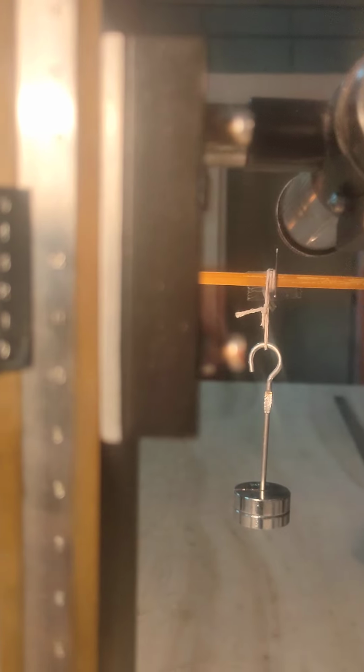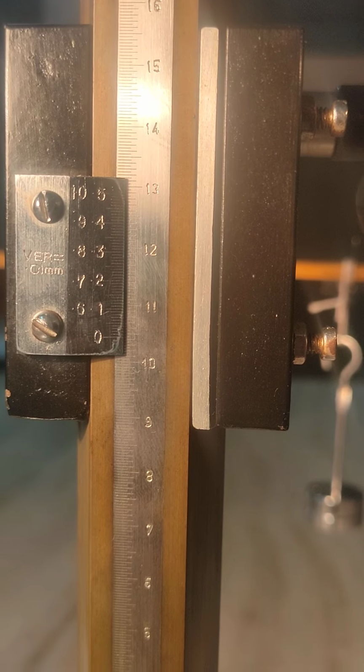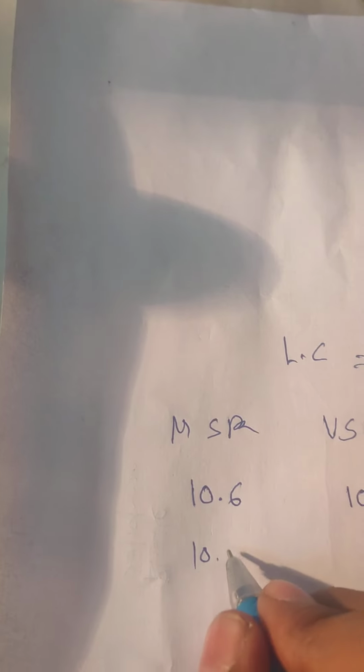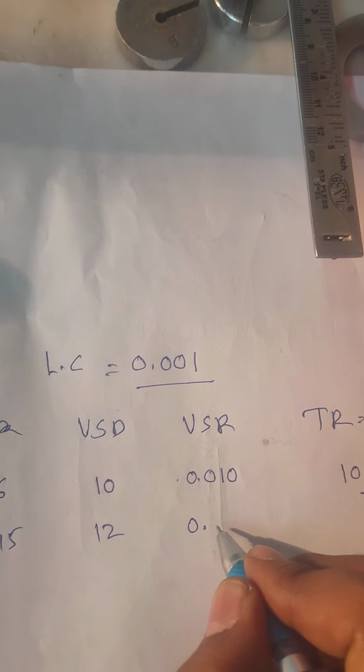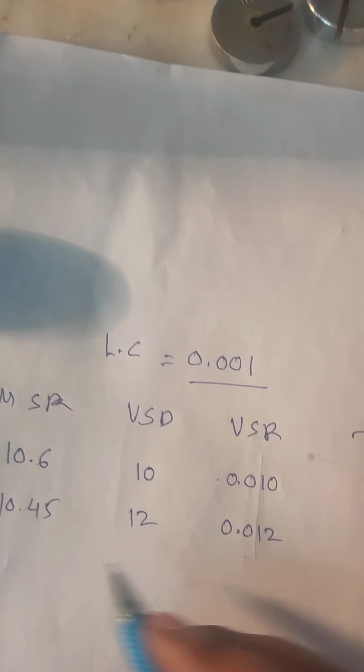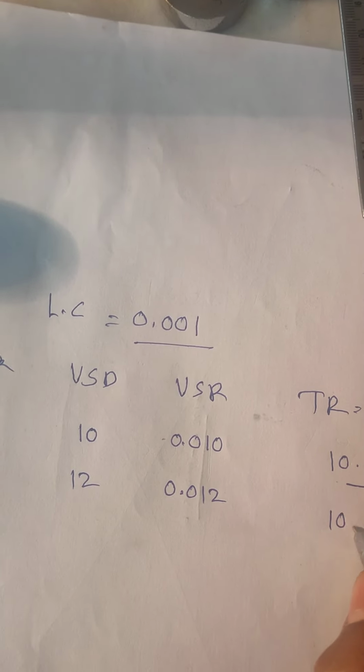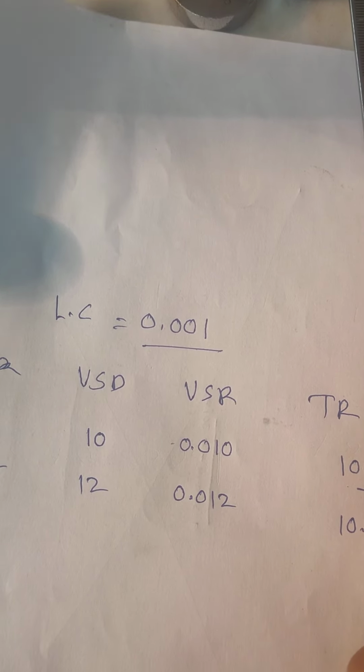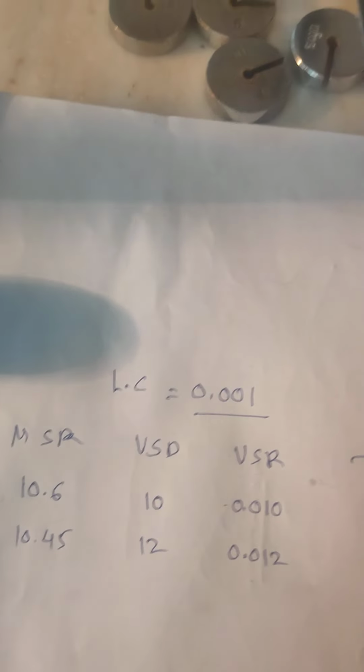So the reading will be 10.45, and this is 12. So VSR into 12 means you have to multiply the least count. So my reading will be 0.012, and the total reading, if you add these two, I will get 10.462. Okay, so this is the second reading.